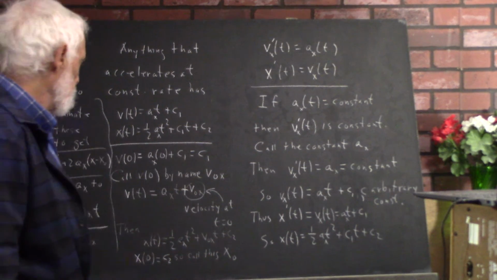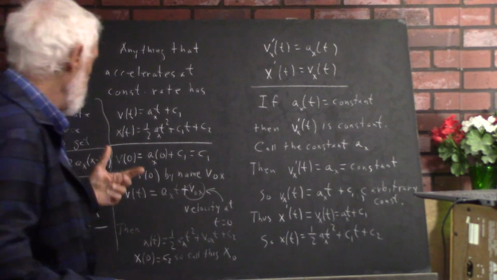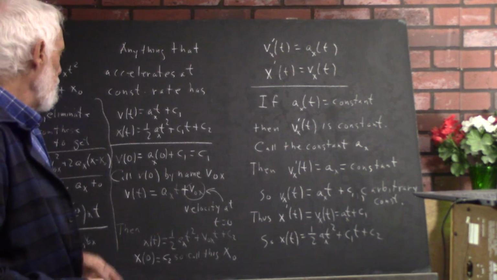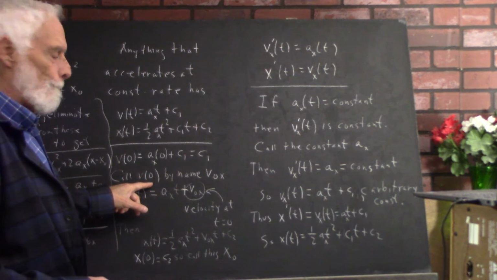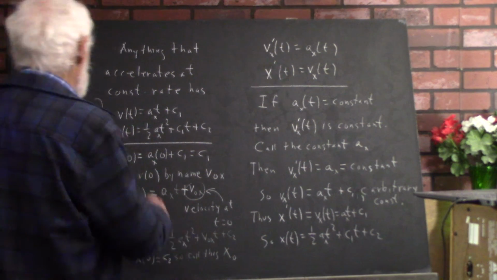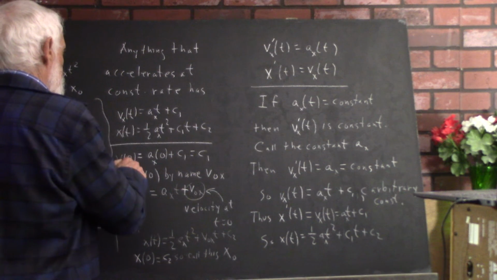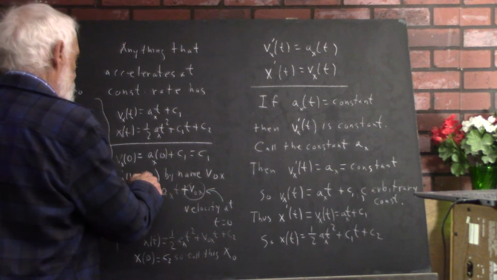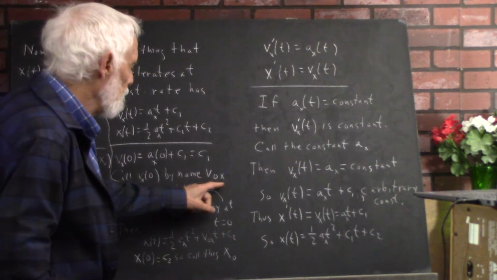But writing it out completely in case somebody needs to see it that way, we see here. If we call v0, and I'm using x subscripts, it should be vx0.